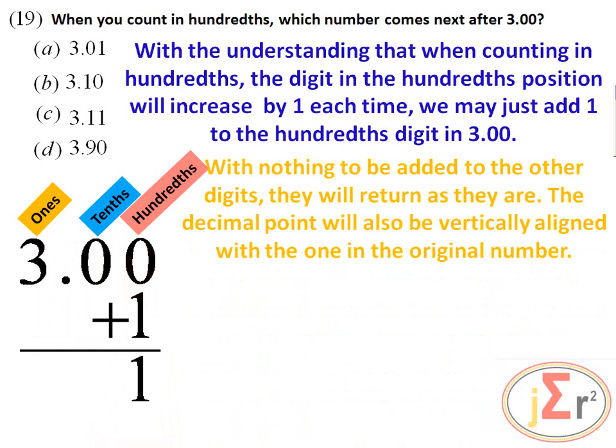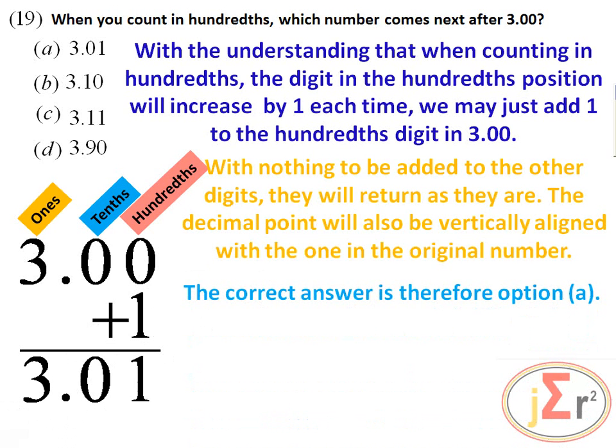With nothing to be added to the other digits, they will return as they are. The decimal point will also be vertically aligned with the 1 in the original number. So there we have it. The correct answer is therefore option A.